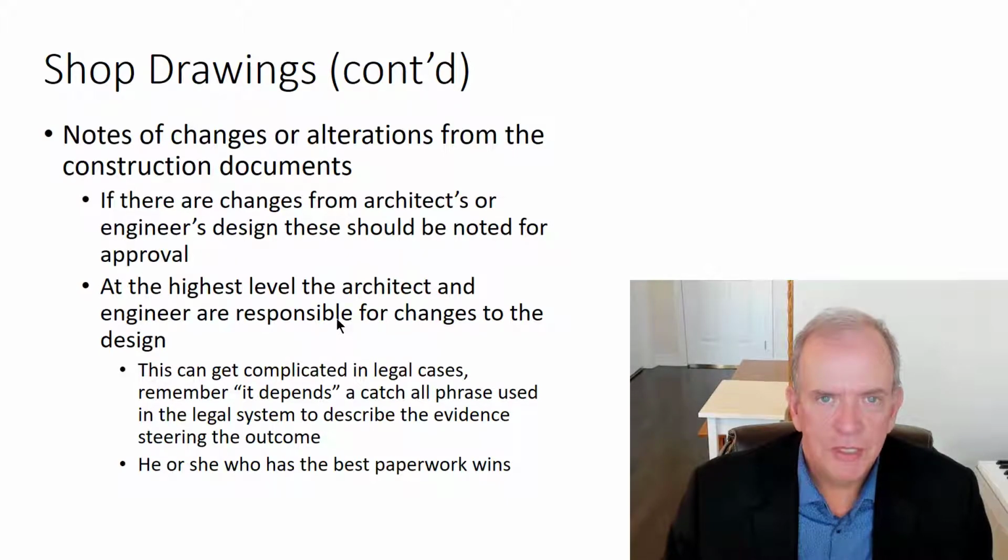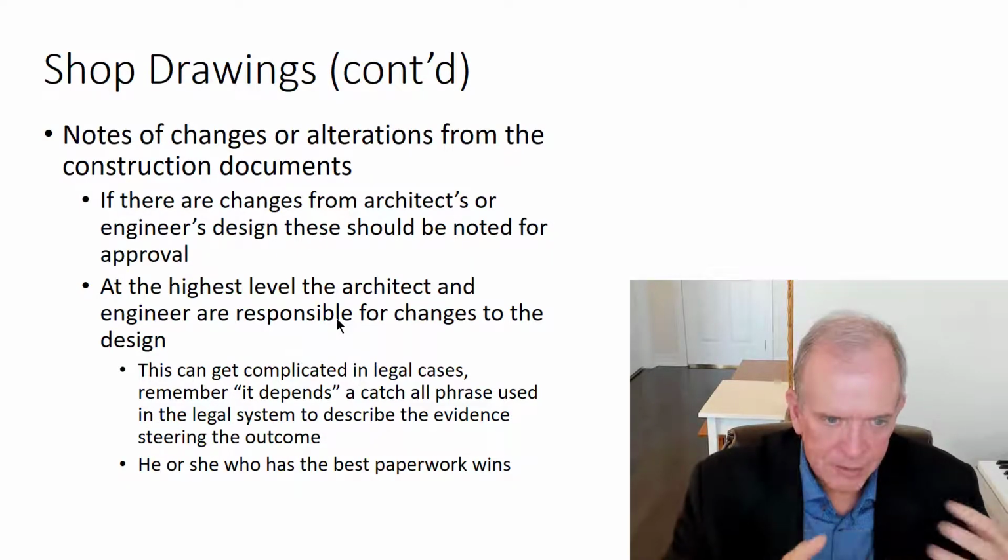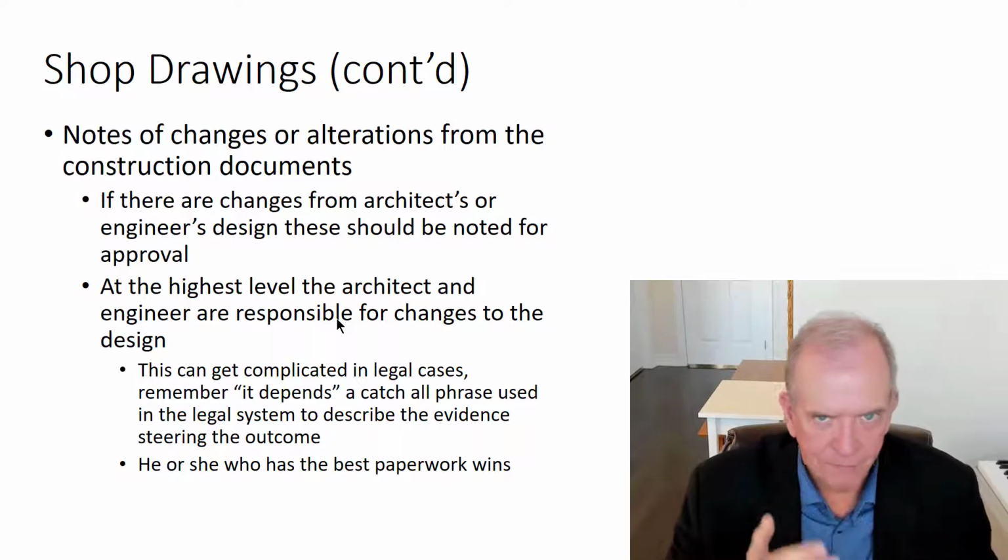And what he's really saying with the "it depends" is that it depends on the documentation, it depends on the evidence, right? So there's no one answer. It depends what the evidence is saying, and they interpret that evidence, and then they make decisions on that.